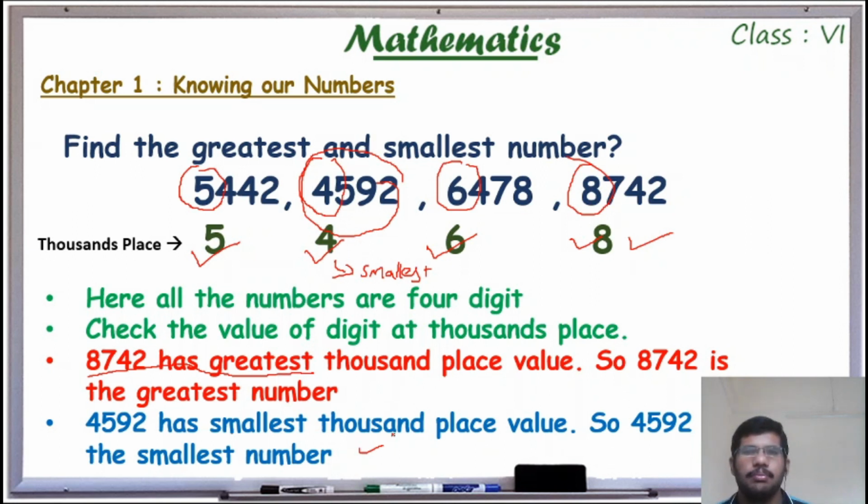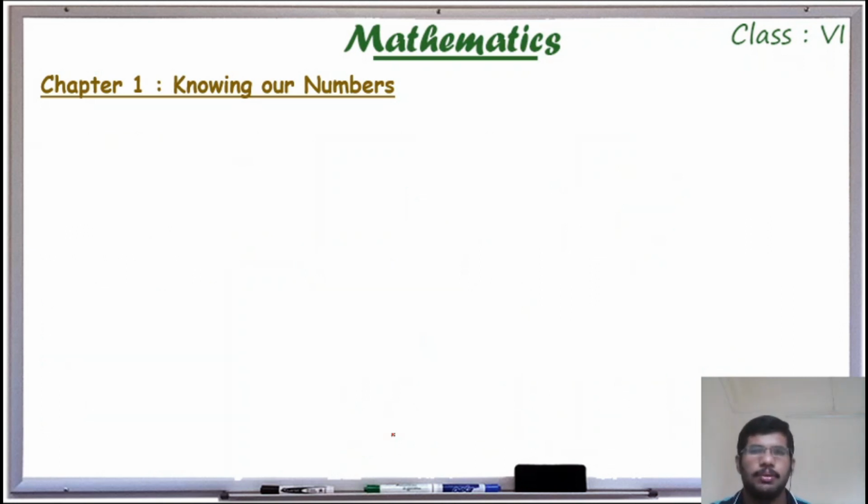In these 4 numbers we have 5, 4, 6, 8, and the greatest among them is 8. So the greatest number is 8742, and the smallest among them is 4592. Now I will move on to the next problem.